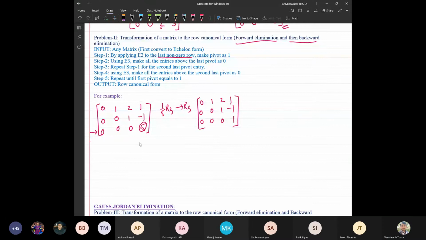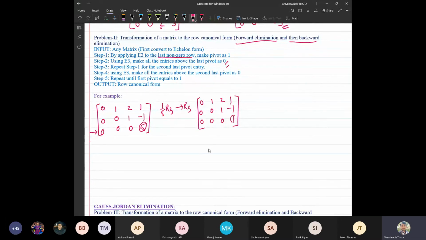Now what is step 2? Step 2 is, using E3, which means multiplying a row and adding to another row, make all the entries above the last pivot 0.